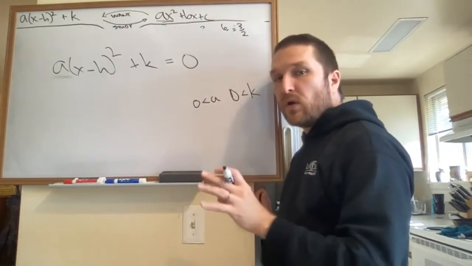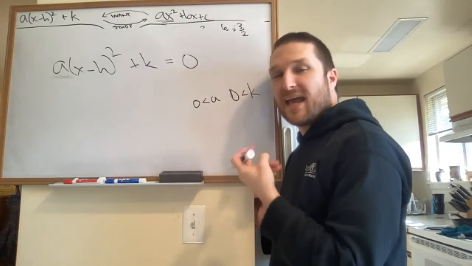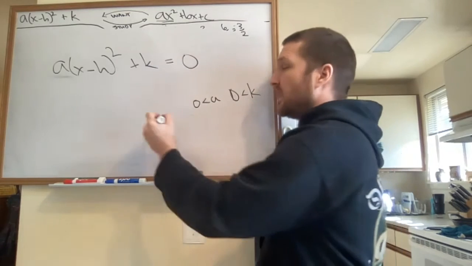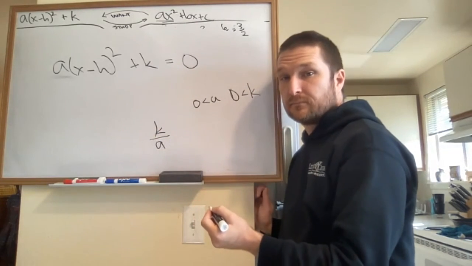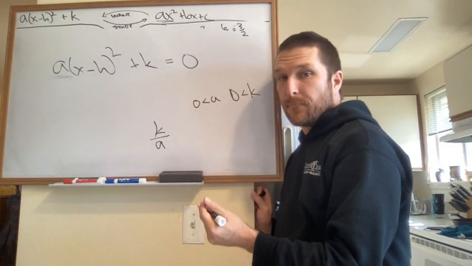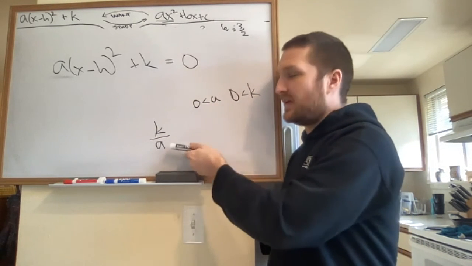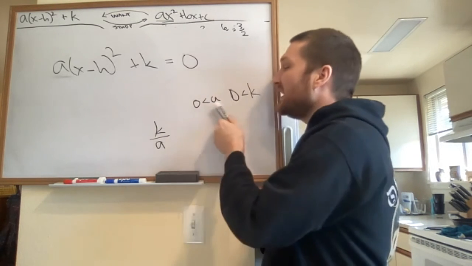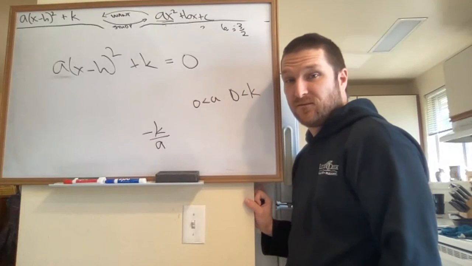Just so when you get to the end, you may or may not have a negative in a square root. If these are both positive, then k over a is what? Positive? If these are both positive, is this positive? Yes.